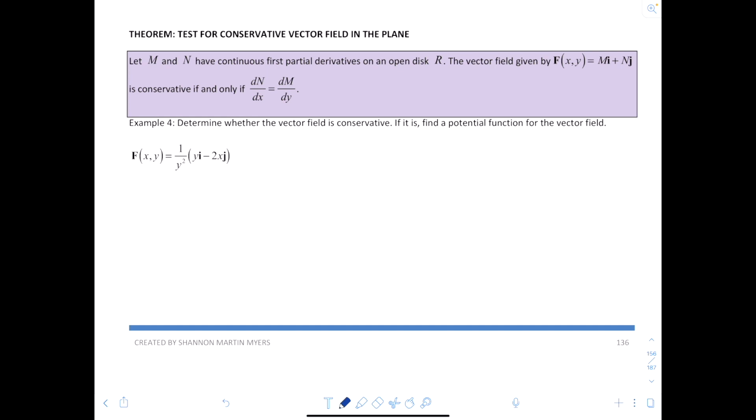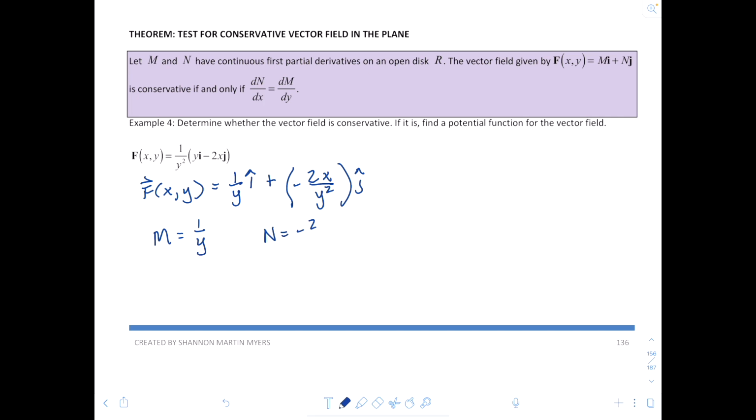So let's take a look at this. Our capital F of x and y is equal to 1 over y times i, and then we'll have negative 2x over y squared times j. So M is equal to 1 over y. N is equal to negative 2x over y squared.